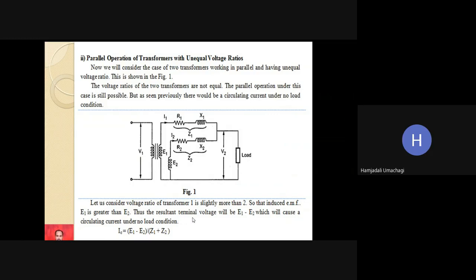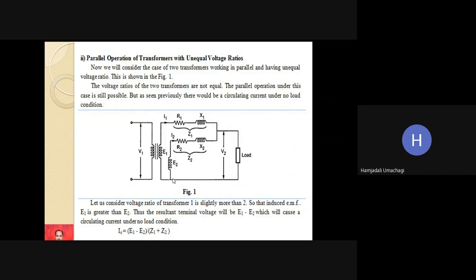Thus, the resultant voltage will be E1 minus E2, which will cause a circulating current IC to flow in this loop under no load condition.